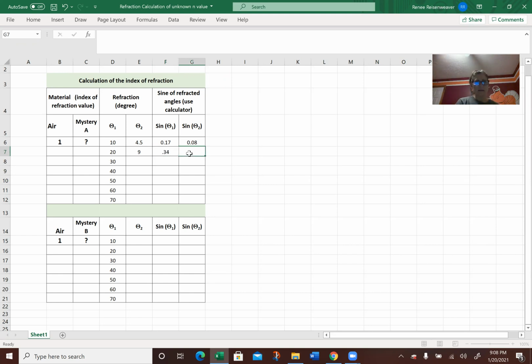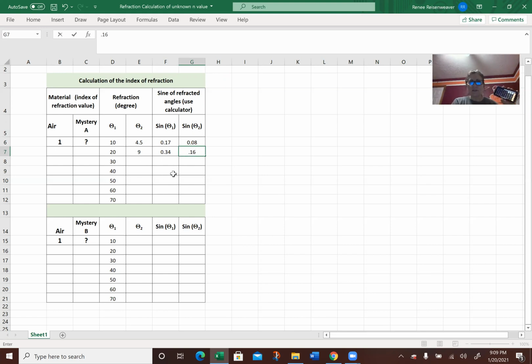Type that in. And then I'm going to take the sine of 9 degrees. So again, I'll press 9, sine, and I get 0.16. If you're on the graphing calculators, you might have to hit your mode button and see that it says degree, not radian mode. Make sure you are in degree mode.